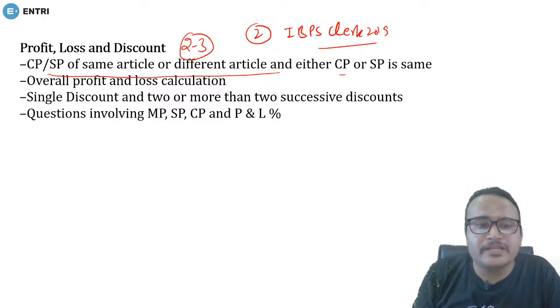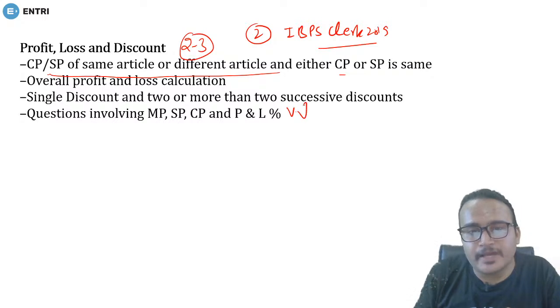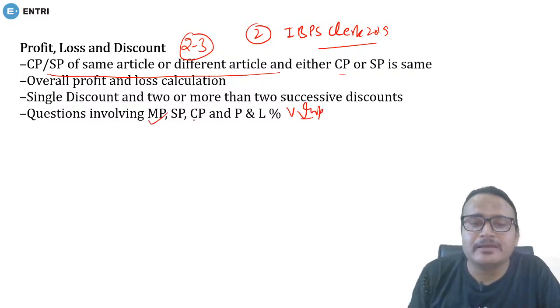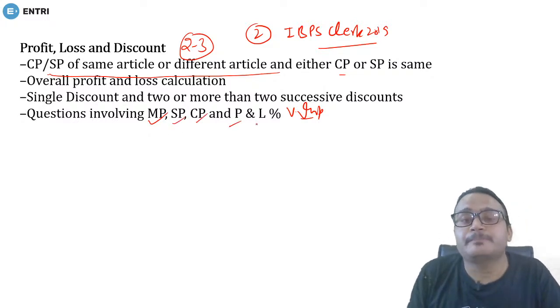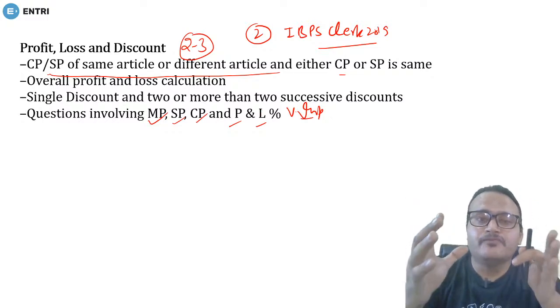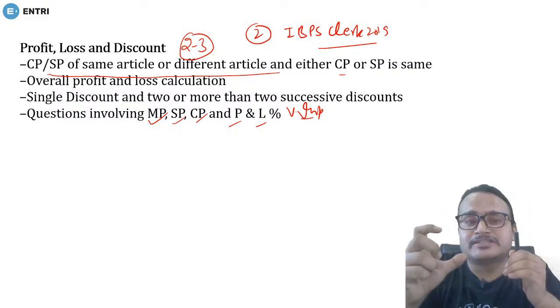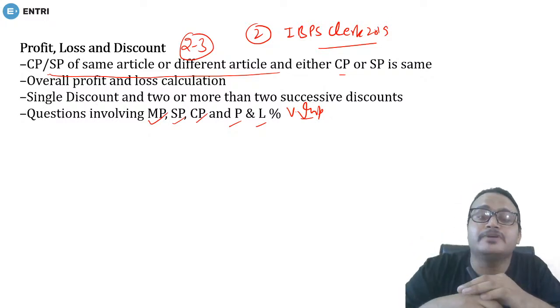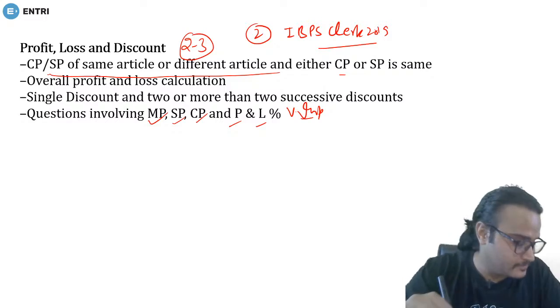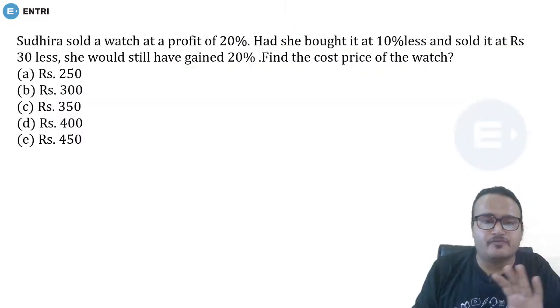Questions involving this are very important, guys. Questions involving the concept of MRP, like marked price, selling price, cost price, profit percent and loss percent. That means all of the concepts involved in a single question you may have in the examination, because this type of question is very popular in trend, guys. So this is the type of question.